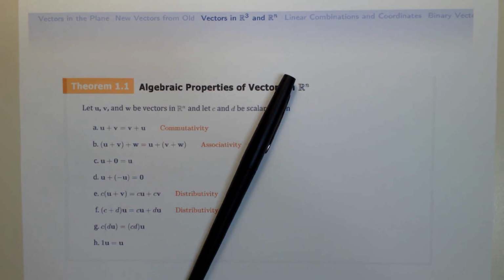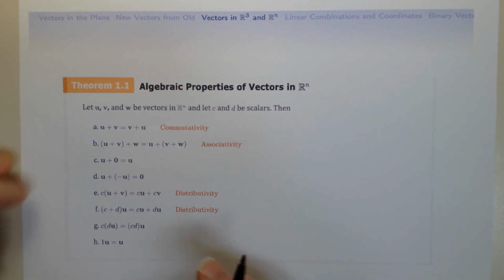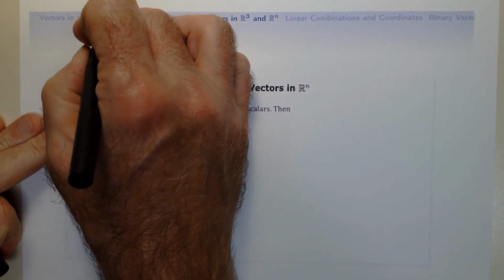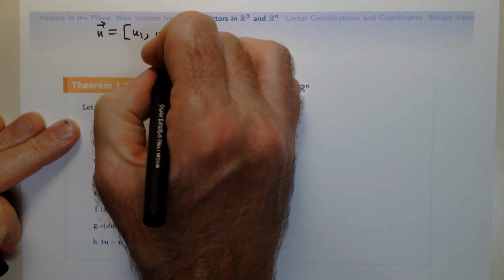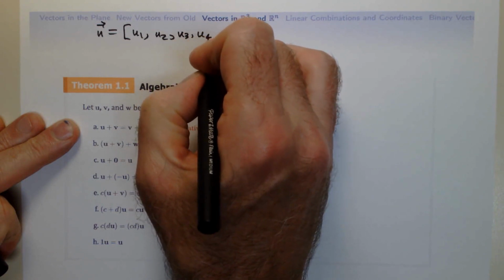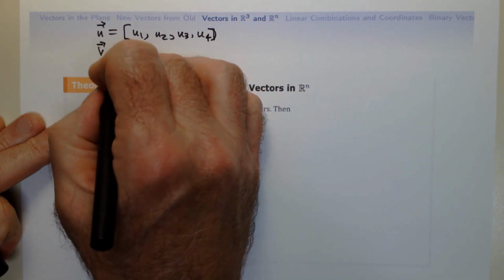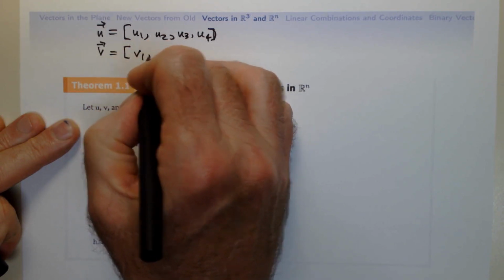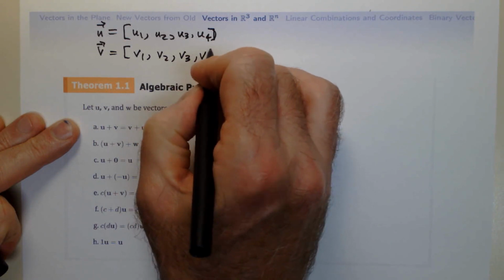All right, now to do both of these parts A and B, we're going to need up to 3 different vectors. So let's just bring some vectors to life here. We're going to have a vector u, and its components are going to be u1, u2, u3, and u4. We'll have a vector v with components v1, v2, v3, and v4.